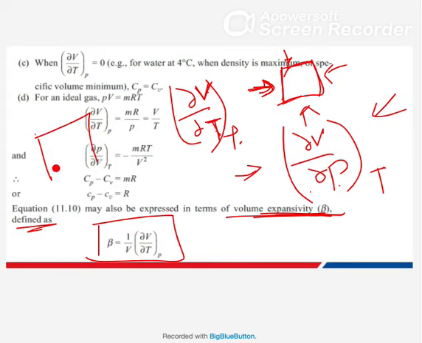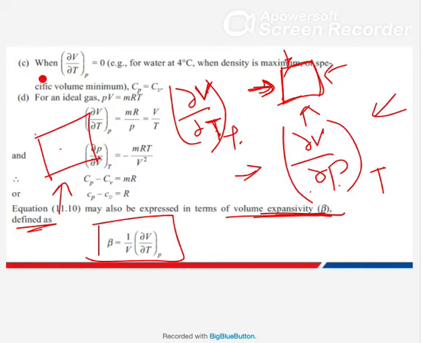That means if you have a body and you supply heat to it, obviously its temperature will increase, and if its temperature is increasing, it will expand, so its volume will increase. We are changing temperature, volume is increasing, but we are keeping pressure constant.